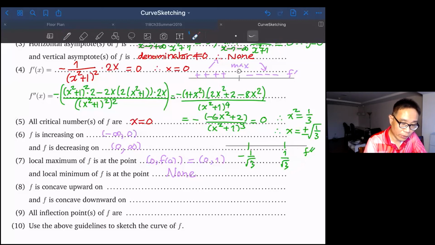Okay, so when you plug in x equal to 1, it's gonna be concave up. So it's gonna be positive. Another interval, you plug in x equal to 0, it's gonna be negative.